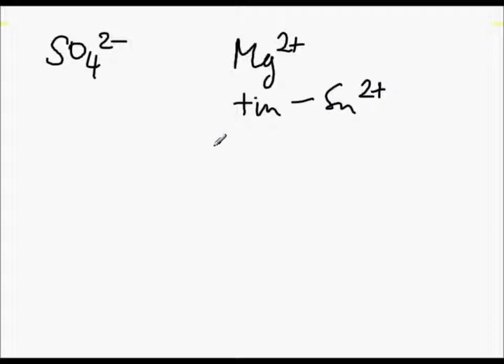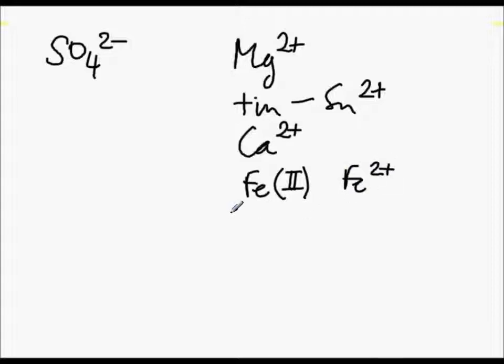It doesn't correspond to the name like magnesium, it starts with an M. Tin is Sn. Calcium is mentioned in the specification. Iron 2 is mentioned here, and iron gets a Roman numeral because there are different forms of iron, but we're just concerned with iron 2 at the moment. So basically that will be Fe 2+.